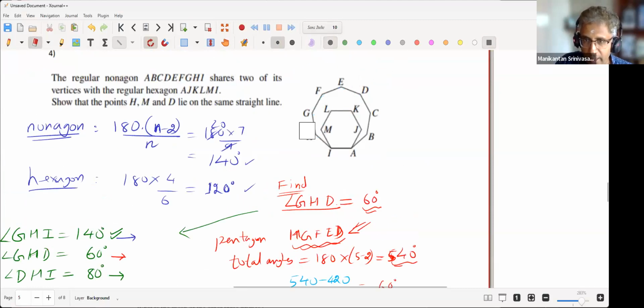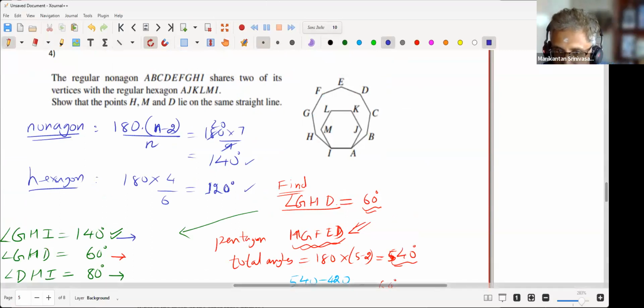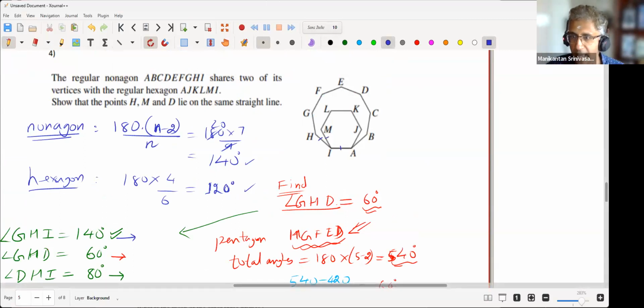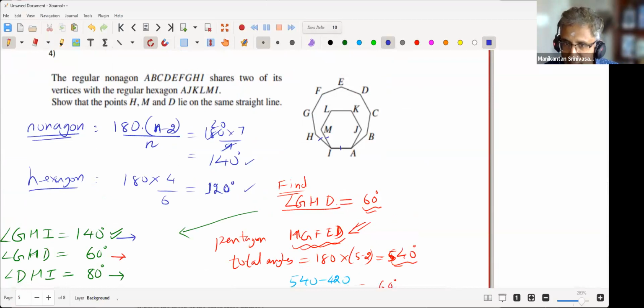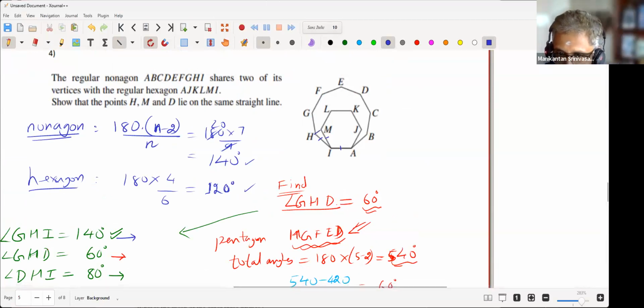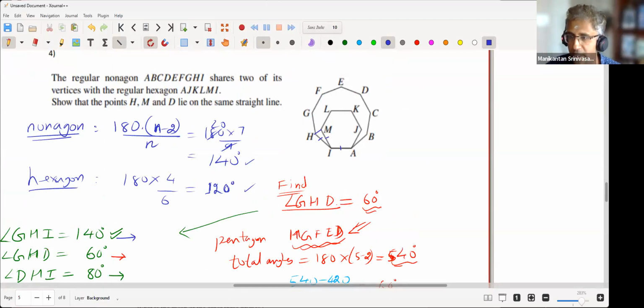I'm just focusing on M, H, and I. Now, back to what Prashant was also saying, this side is a common side, which means all of these sides are the same. If I focus on the triangle MHI, the HI and the MI are both the same length, so if I complete this triangle, HMI is an isosceles triangle.